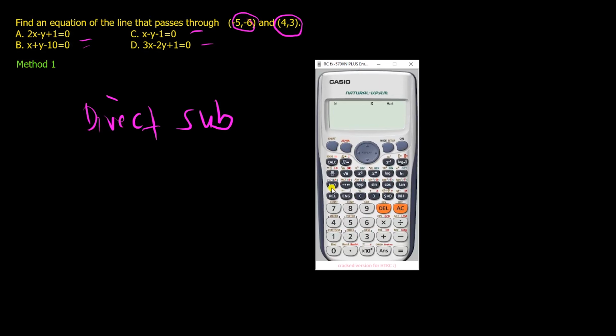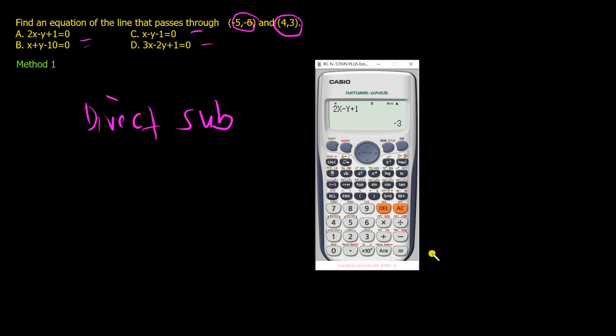For example, substitute negative 5 for x and negative 6 for y. Letter A: 2x minus y plus 1, equal to 0. The answer should be 0, but we get negative 3.